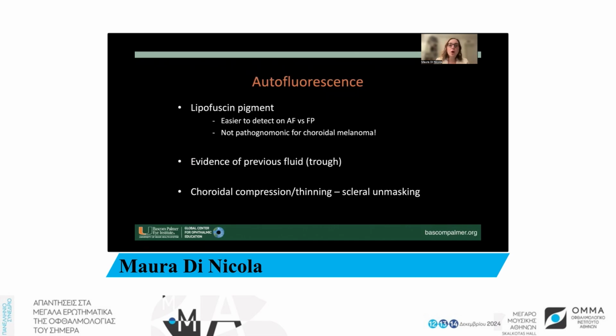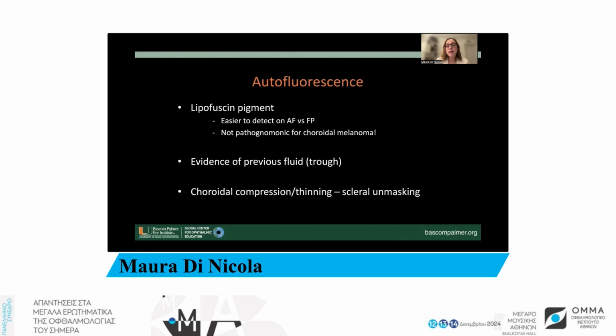As I mentioned before, autofluorescence is particularly helpful in highlighting the presence of lipofuscin pigment. This is often called orange pigment, but it's important to note that lipofuscin pigment appears orange when overlying pigmented lesions. However, it can appear brown when overlying amelanotic lesions.